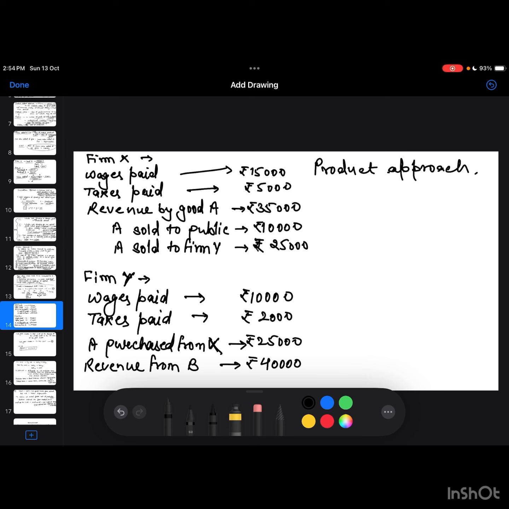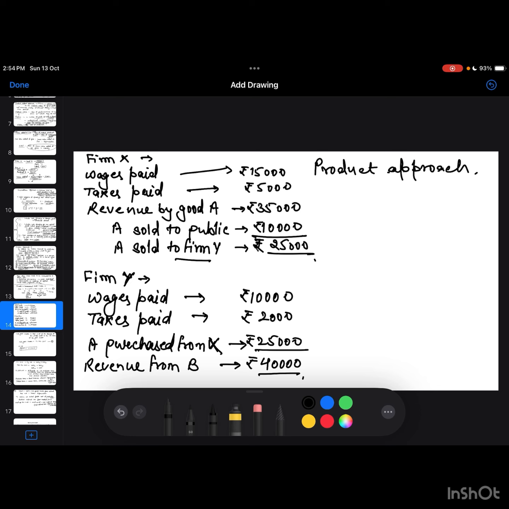Now good A sold to public is 10,000 and sold to firm Y is 25,000. Firm Y pays 10,000 as wage, 2,000 as tax. It purchased good A from X worth 25,000, and total revenue of firm Y is 40,000.